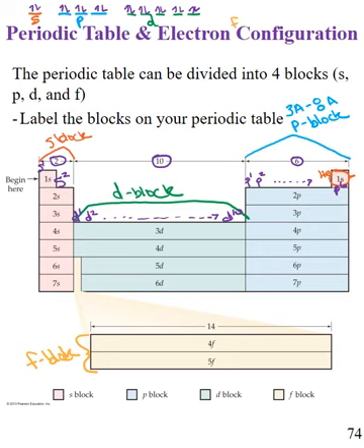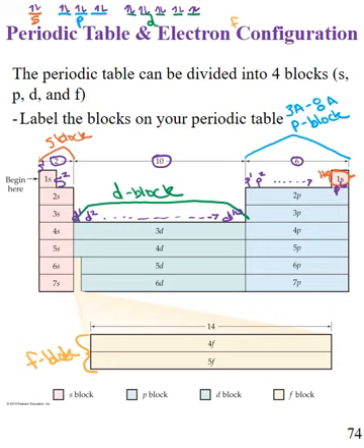Okay, I want to try to do an example on this slide. I know I'm running out of room, but let's say I wanted to figure out the electron configuration of, say, sulfur. What I do is I start at the very beginning. So I start with hydrogen, and I'm going to go over, so I completely fill that shell.